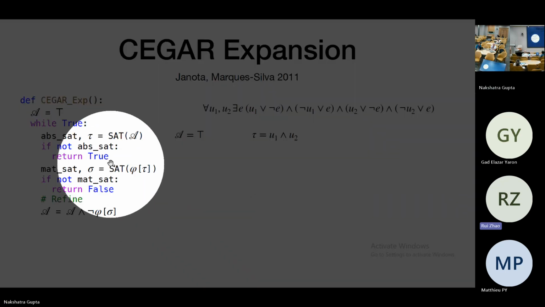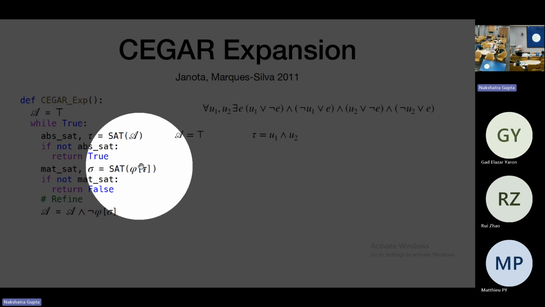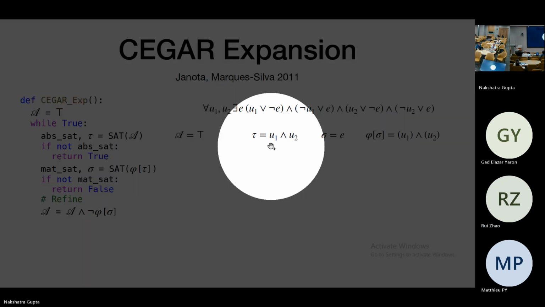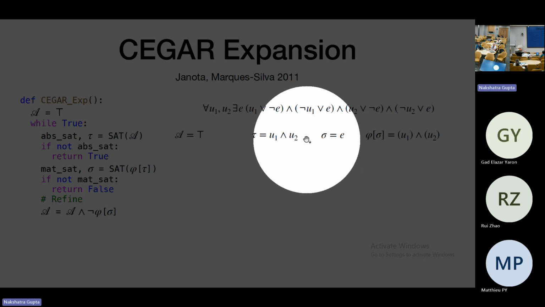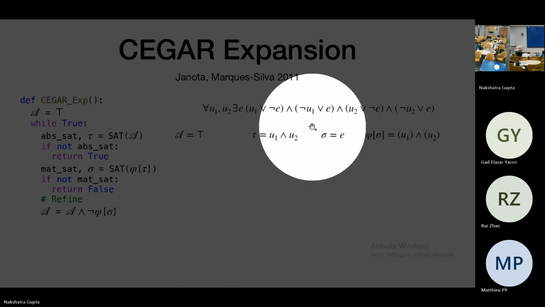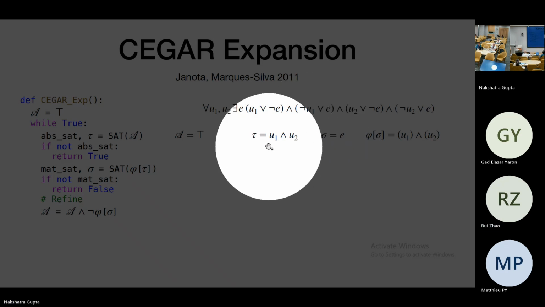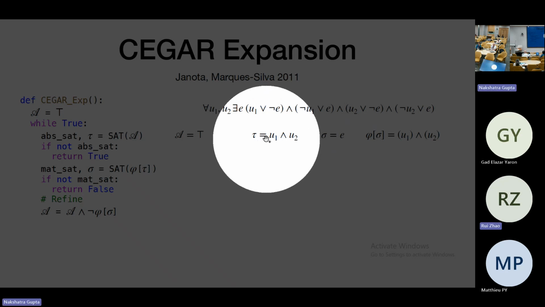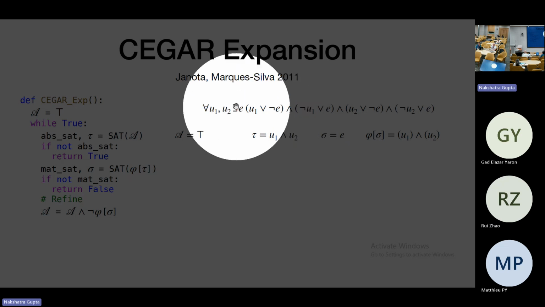Then we plug that into our matrix and ask if that's still satisfiable. So in this case, if this is U1, U2, we plug that in here.